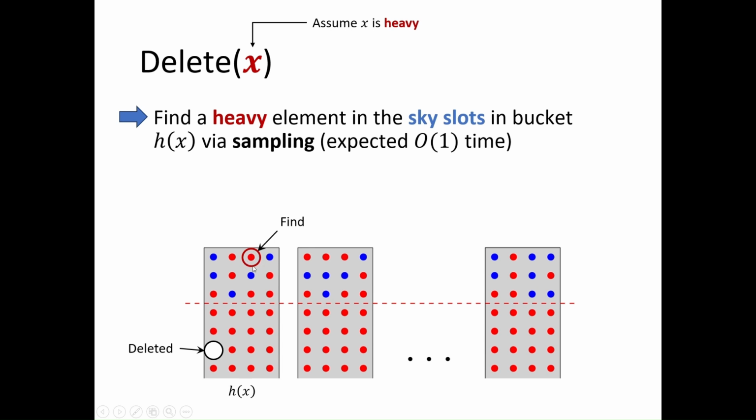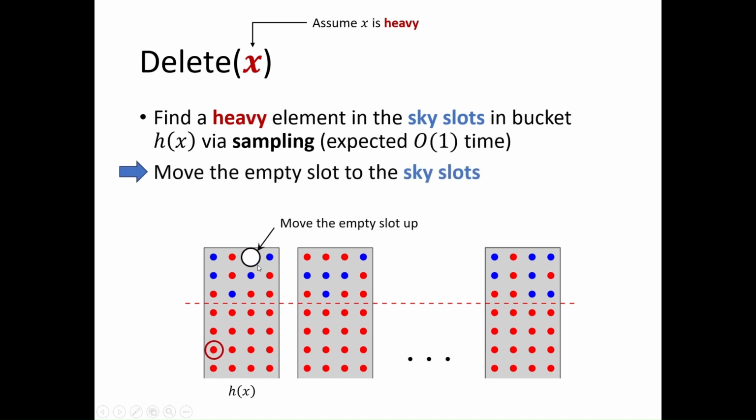This heavy element is found by random sampling because we know half of the elements in the sky slots are heavy. So the sampling will complete within constant time. After we find such a heavy element, we move it to the previous bubble so that the new bubble appears in the sky slot area, and we are done with deletions.